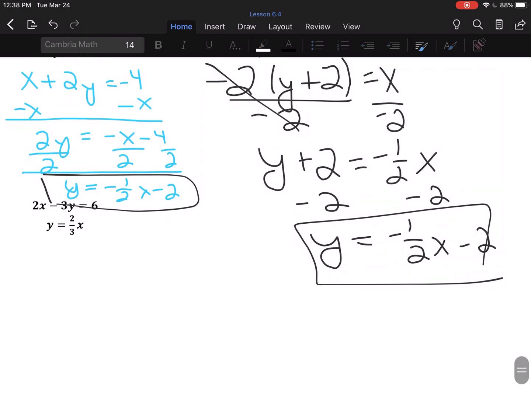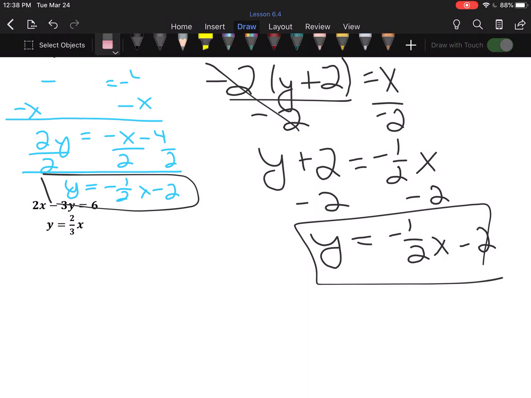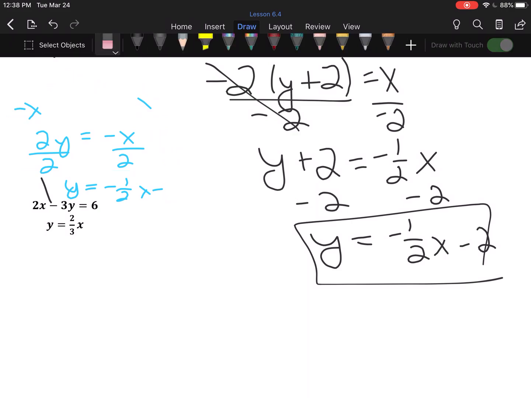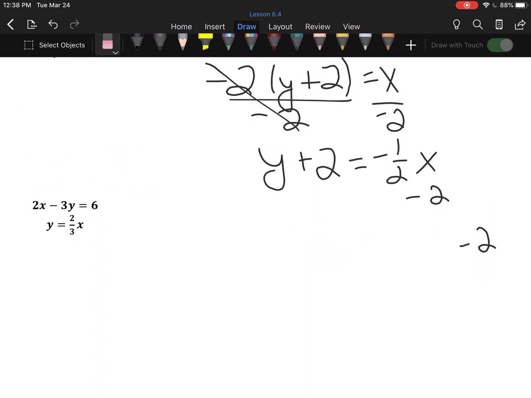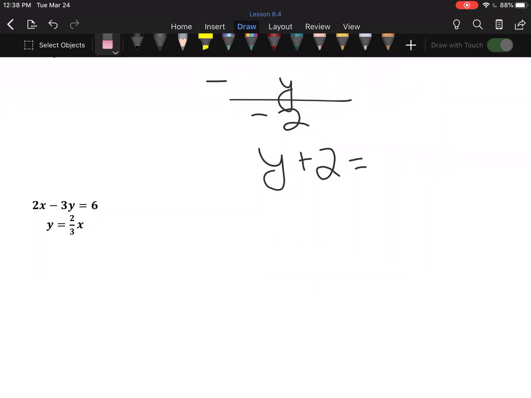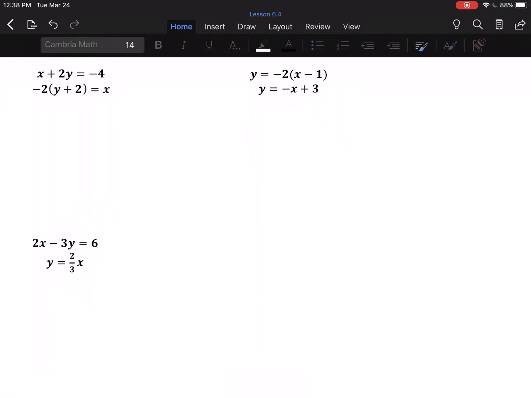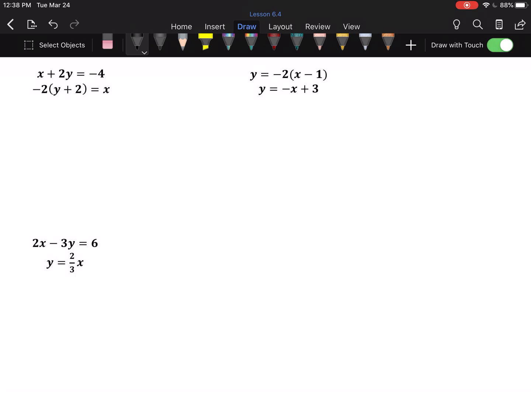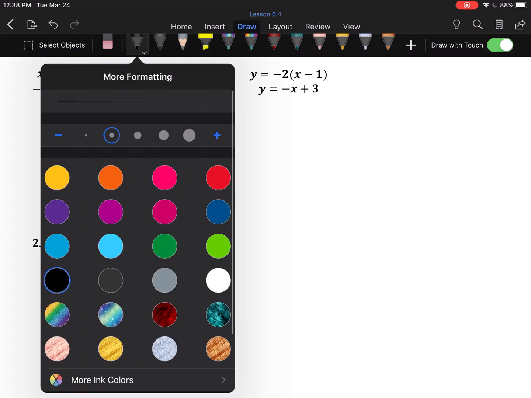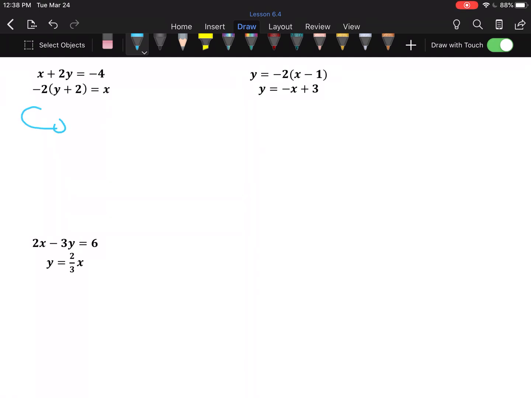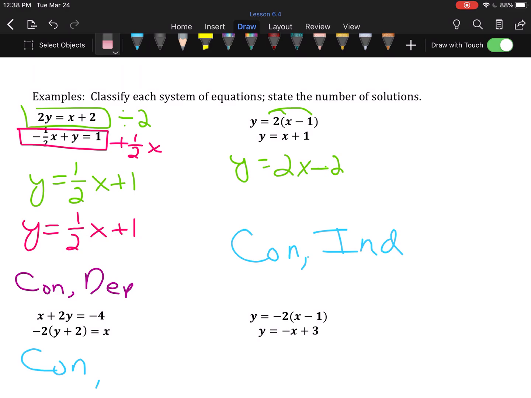And they're the same. Okay, they are the same. Which means, since they are exactly the same, there are infinitely many solutions. Which makes this system consistent and dependent.